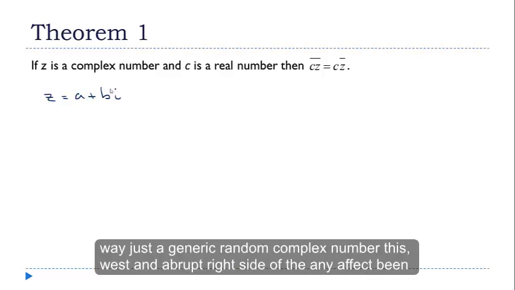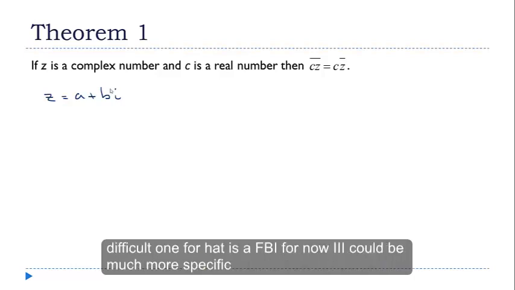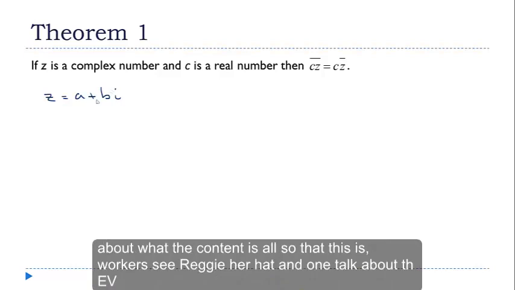This is our standard approach. Talking about z in the abstract is kind of difficult, but once I have this a plus bi form, now I can be much more specific about what the conjugates are. So let's work this equation here. I want to talk about c z bar.